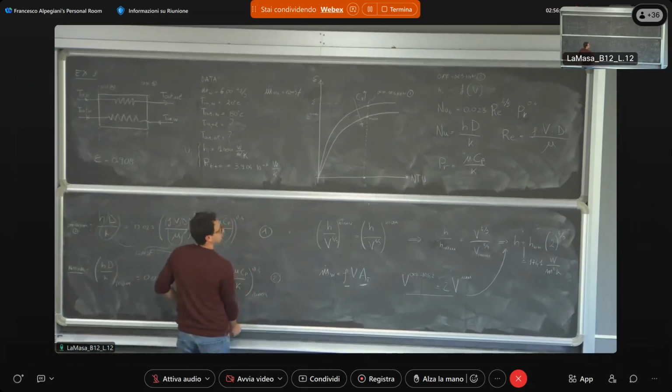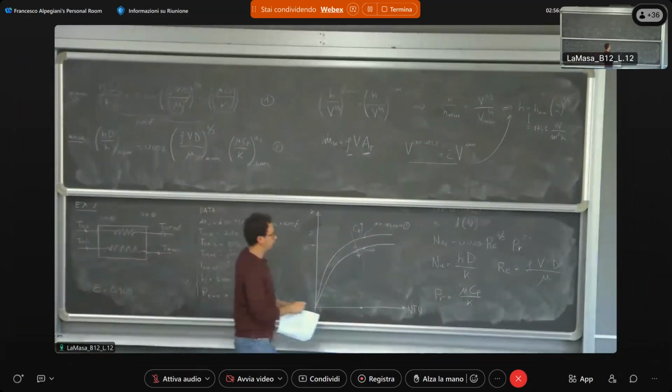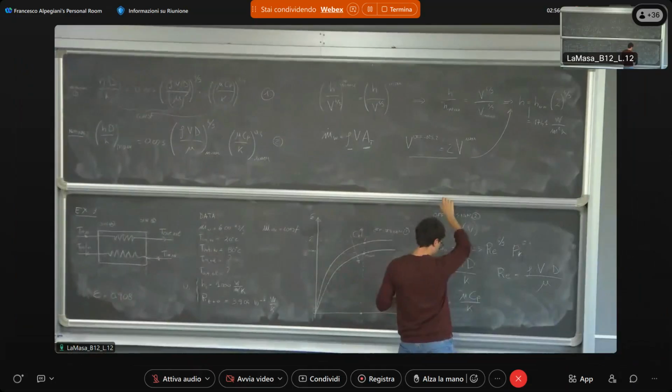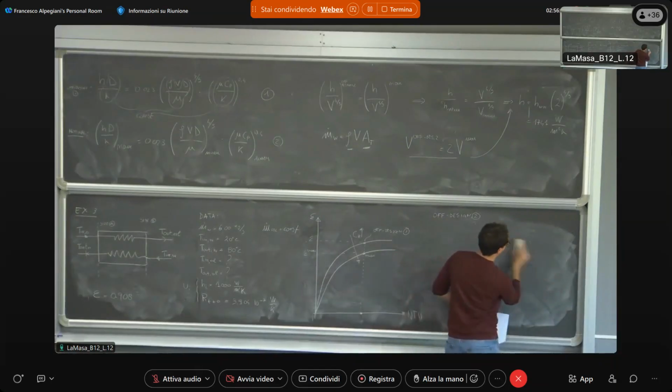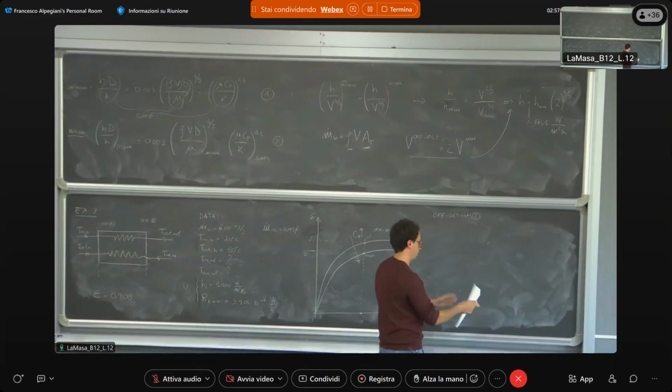So now you have the new HI, so the new heat transfer coefficient, and so you can evaluate UI times AI, as we have done before.